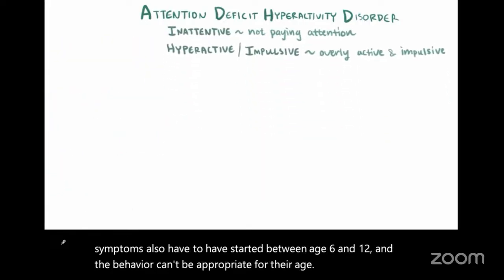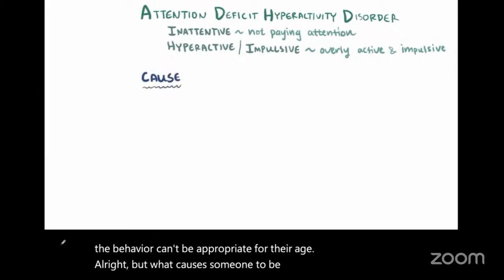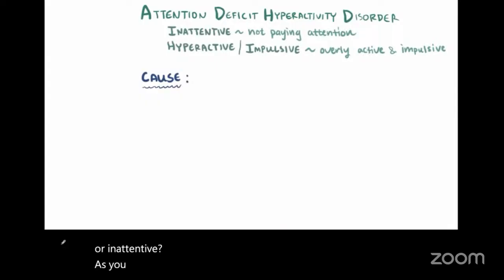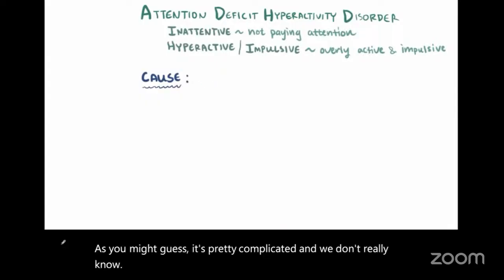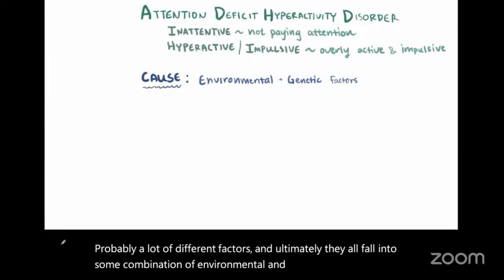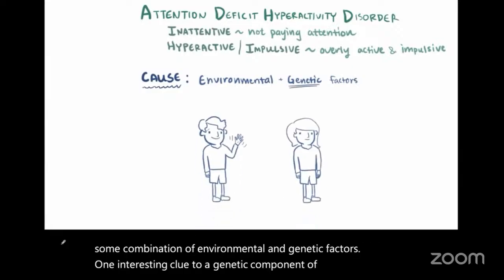Alright, but what causes someone to be hyperactive or impulsive or inattentive? Well, as you might guess, it's pretty complicated, and we don't really know. Probably a lot of different factors, and ultimately they all fall into some combination of environmental and genetic factors. One interesting clue to a genetic component of ADHD is looking at families.